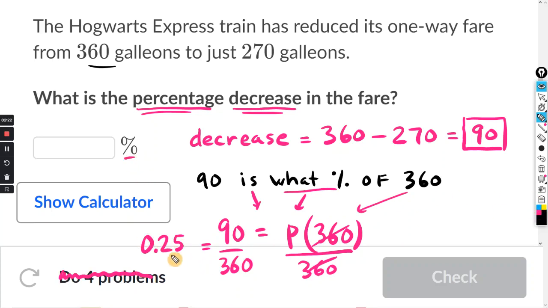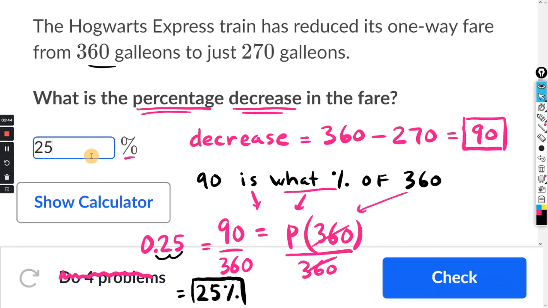So in order to convert this to percent, we need to multiply by 100 or move the decimal over 2 places. So 0.25 is equivalent to 25%. Final answer. So just click in the box and type 25.